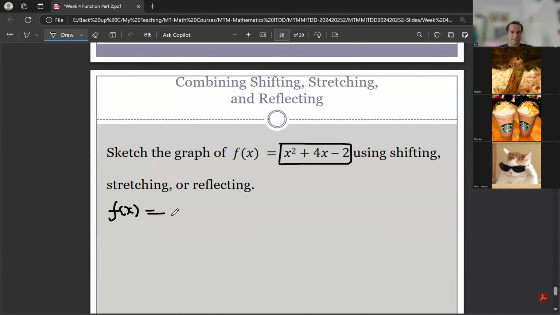We have x squared plus 4x. We want to have a perfect square. To get the perfect square, we must add 4. Why? Because we take 4, divide by 2, and take the square of 2. So we must have plus 4.